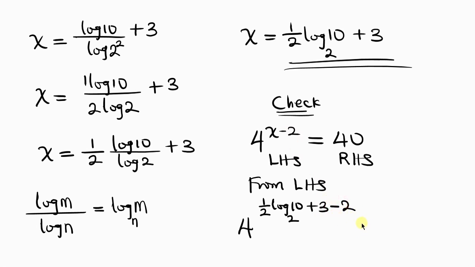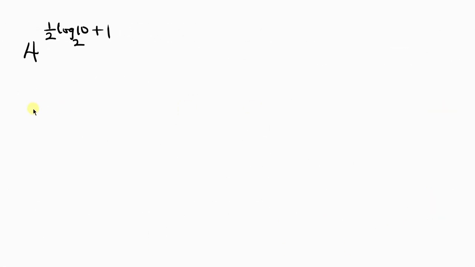Very good. Well, this expression will be simplified into 4 to the 1 over 2 log 10 base 2. And then 3 minus 2 gives 1. So plus 1. Let's continue. And now applying the law of indices, which says when I have a to the m plus n, this is same as a to the m times a to the n.